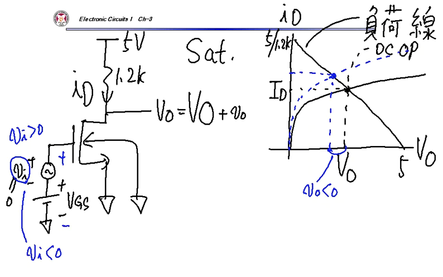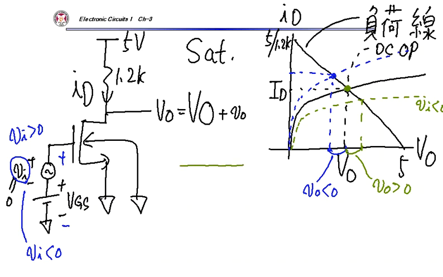So the IV characteristic looks like that for Vi negative, right? So my small signal VO becomes slightly positive, okay? So you can see, I just move this DCOP point into the origin 0, 0.